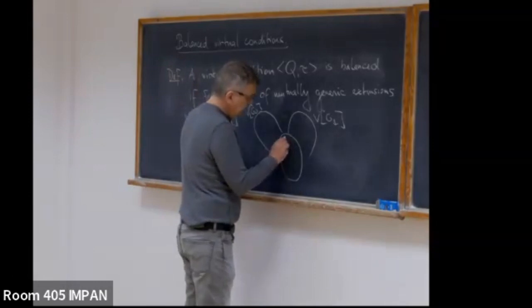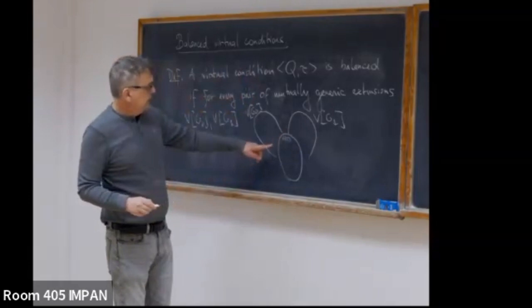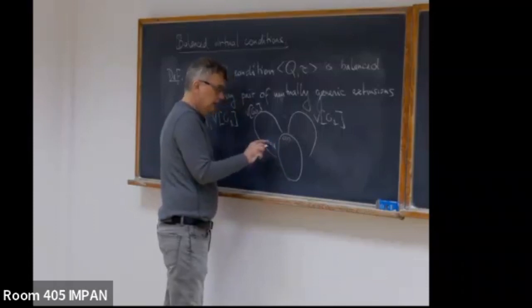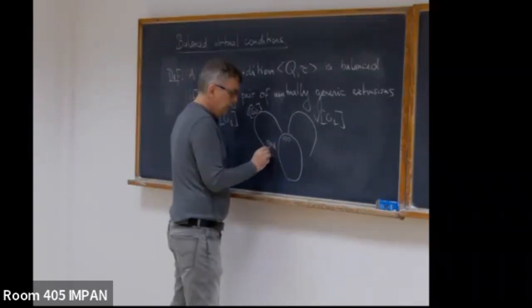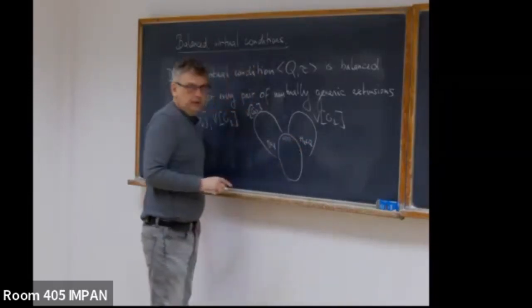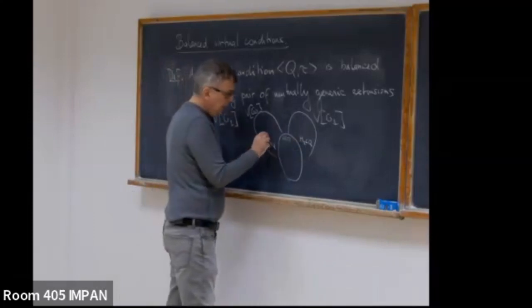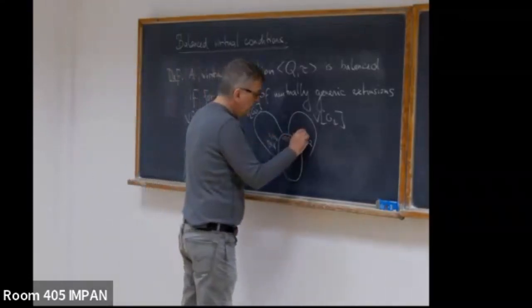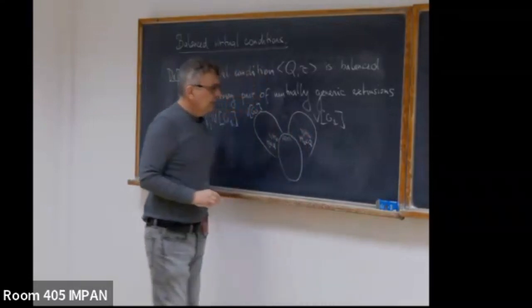So here is Q top. And the condition is that if you have a generic filter on Q here, H0, then you have H1 in this part. And now you look at tau over H0, that's one condition, and you look at tau over H1.